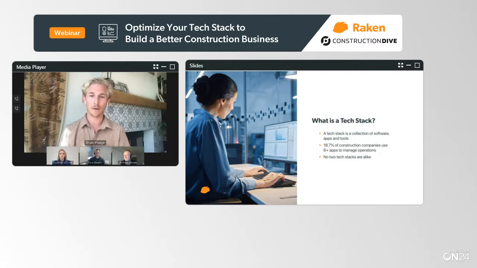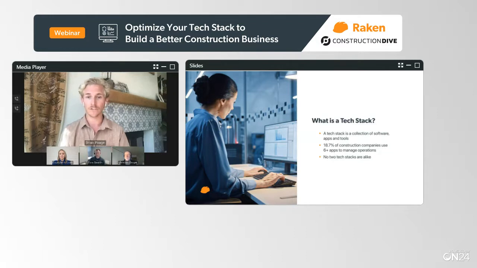Industry-wide, we can see that a number of platforms are being used and that it's continuously on the rise, especially with the COVID pandemic, which really accelerated a lot of the use of software. One example is a 2022 construction technology report from JB Knowledge, which indicated that over 21% of construction companies use at least 3 apps to manage their daily operations. I think that number is just going to continue to be on the rise.